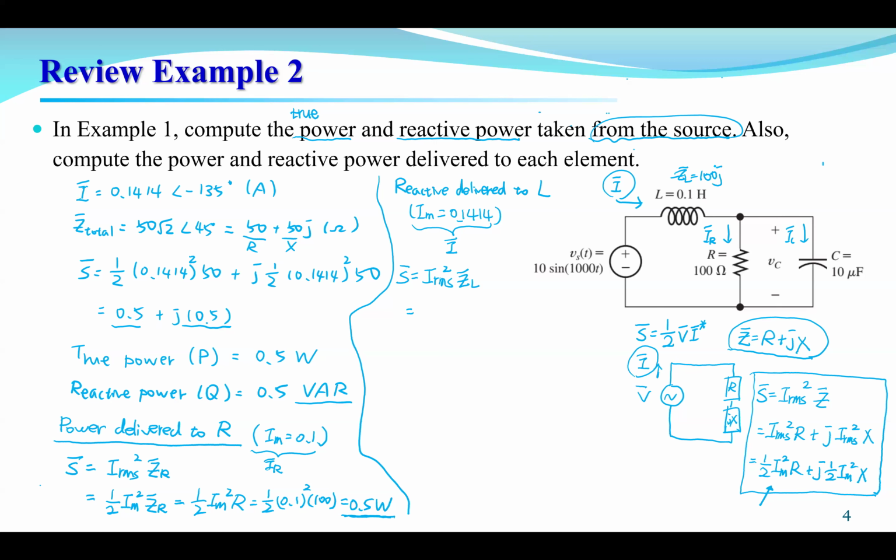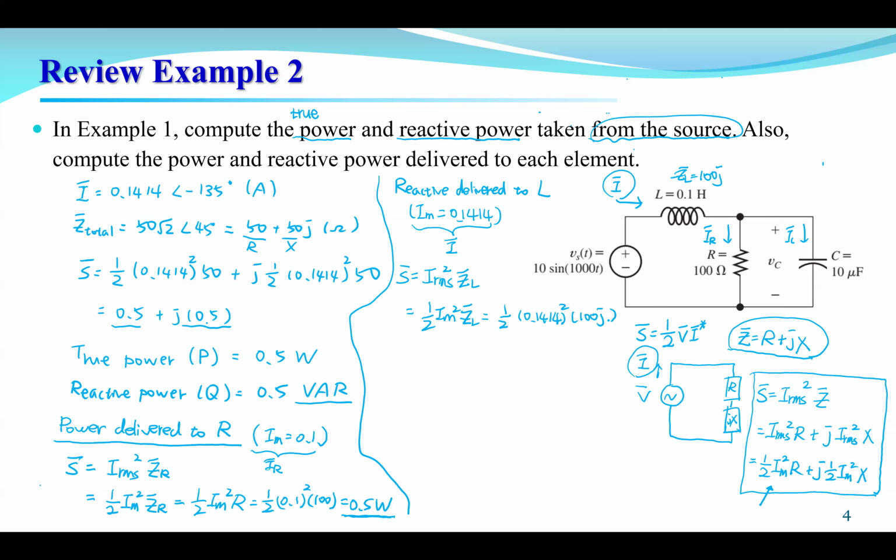So let's plug in a number: 1 over 2 I_m squared Z_L, which is 1 over 2 times 0.1414 squared times Z_L, which is just 100j.